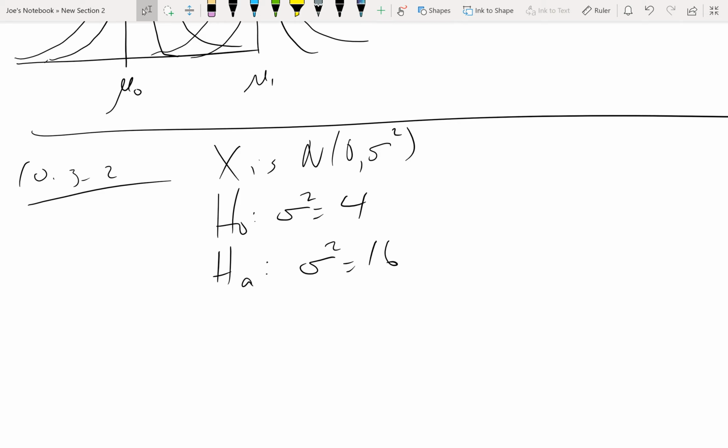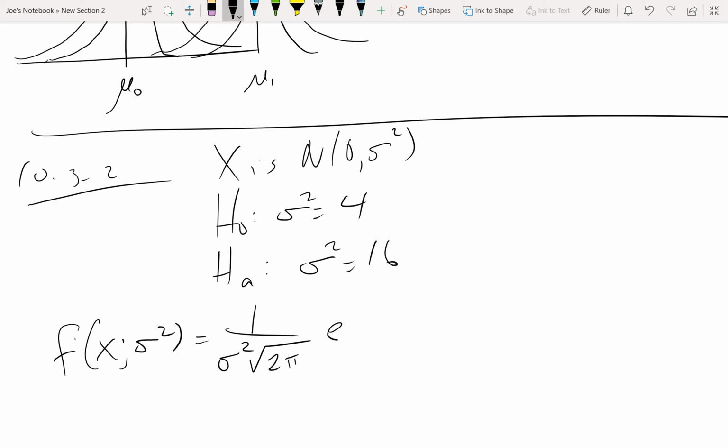All right, so we need to remember what our PDF looks like for a normal distribution. Oops, squared in the wrong spot.